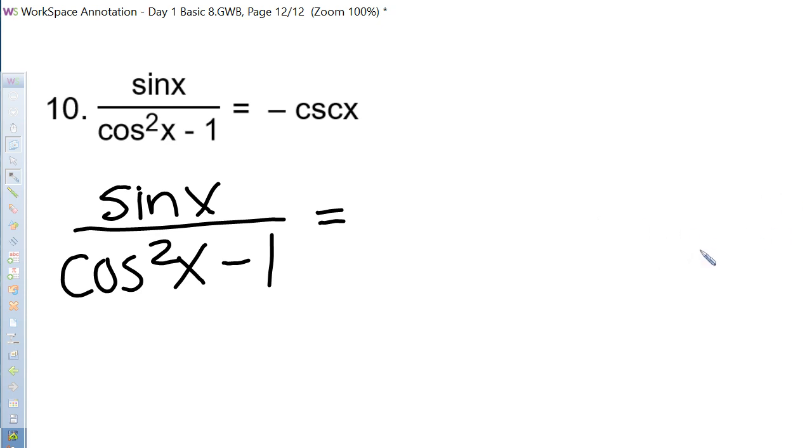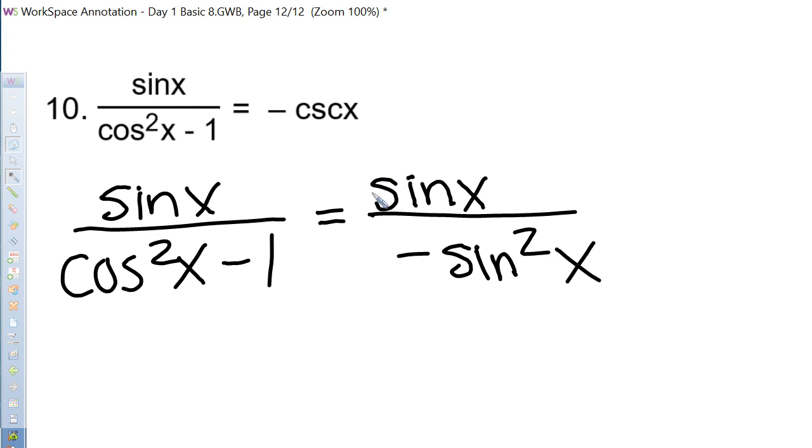So that gives me cosine squared minus 1 equals negative sine squared. So for the numerator, it stays the same, but instead of cosine squared minus 1, what should I put? Negative sine squared of x.